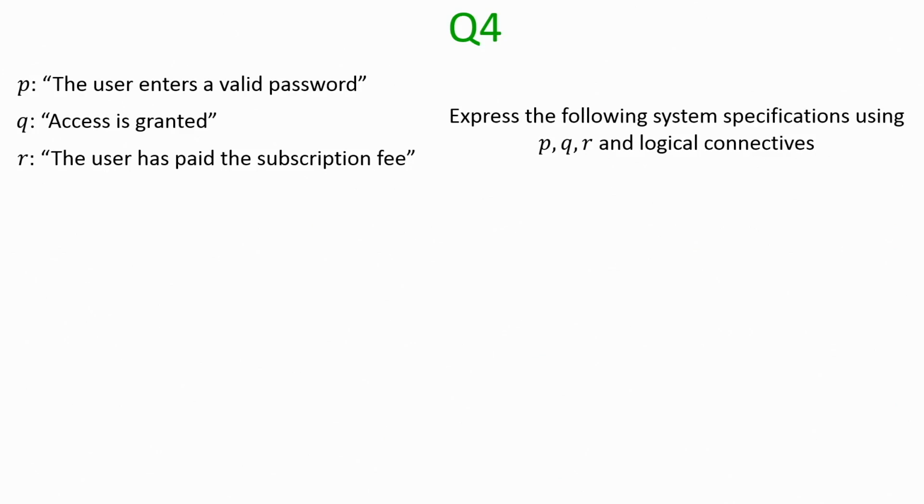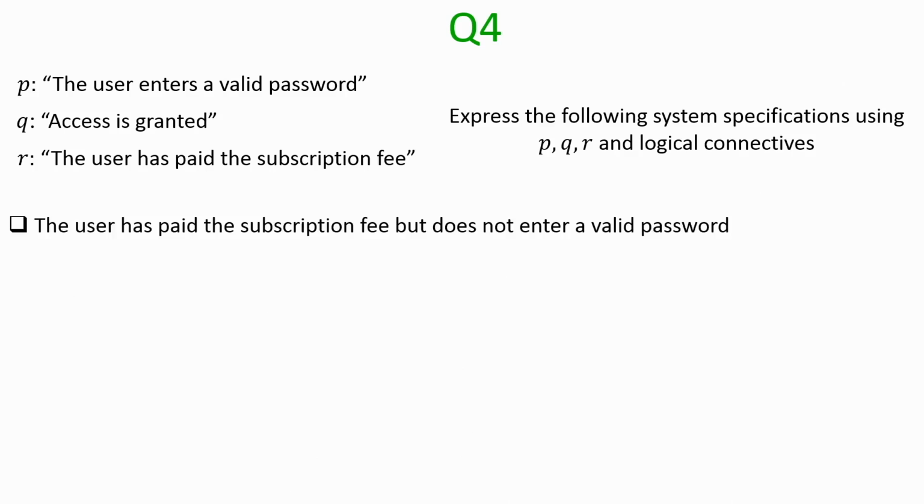Now, the fourth question is the following. You are given 3 propositional variables P, Q, R, denoting these 3 statements, and using P, Q, R and various logical operators, connectives, you have to write down compound propositions representing some given English statements. Okay. So, the first statement is: the user has paid the subscription fee, but does not enter a valid password.